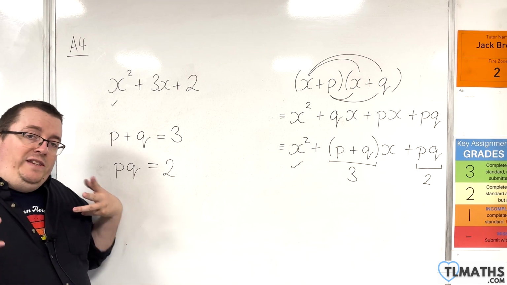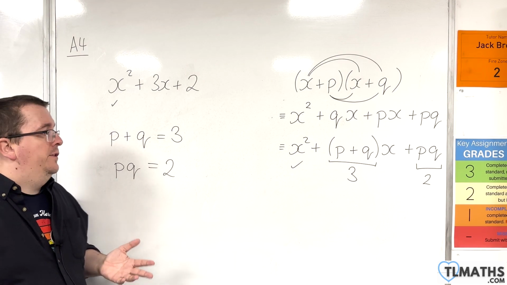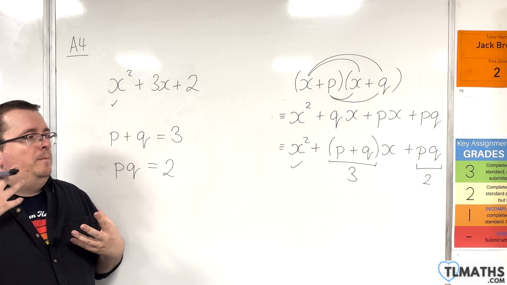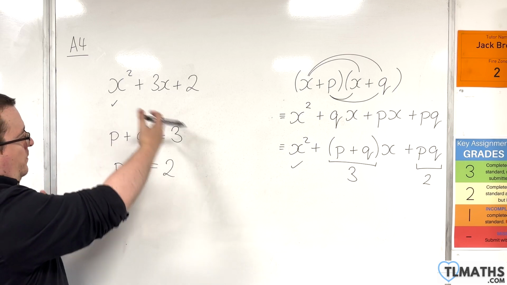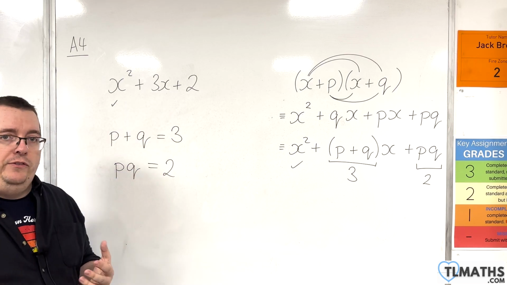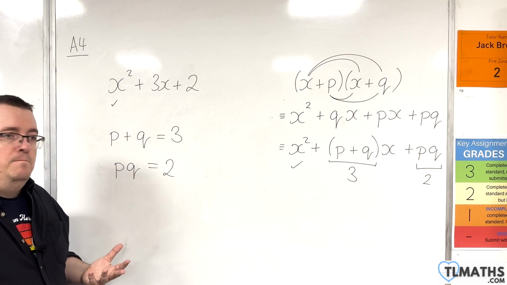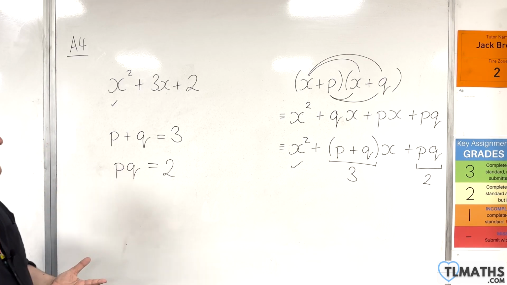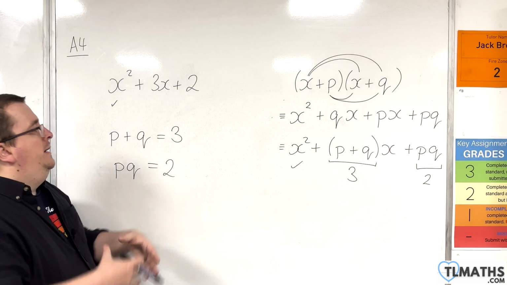But the way that we do it when we're taught how to do this is to try and come up with the two numbers, because the actual solving of those two equations can be done, and those of you doing higher GCSE maths should be able to solve these simultaneous equations.